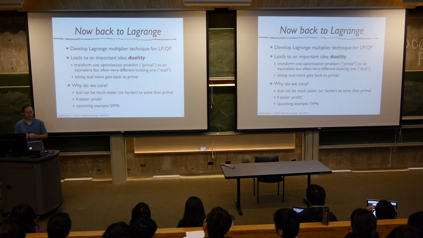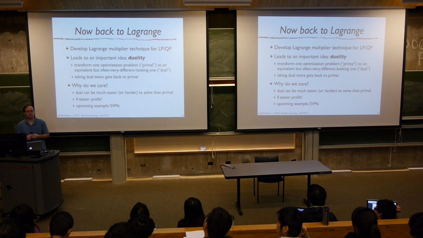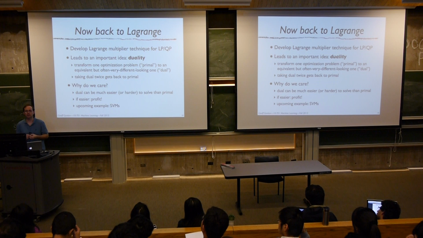And why do we care about this? Well, the dual can be much easier to solve or much harder to solve than the primal. If it turns out to be easier, woohoo, you get to write a paper about it. Knowing how to do this duality transformation is going to let you look at an optimization problem, and if you can't figure out how to solve that one, you get to transform it into a totally different looking one and try and solve that one instead.